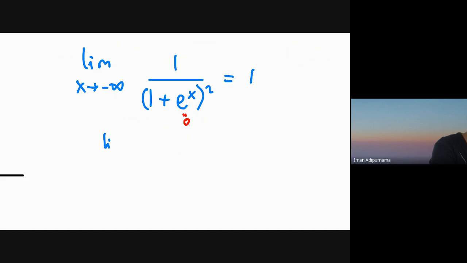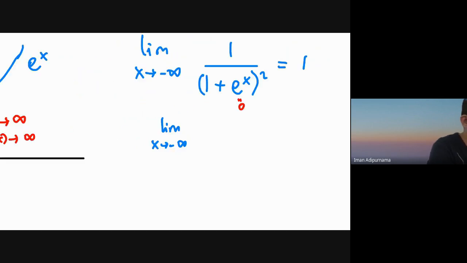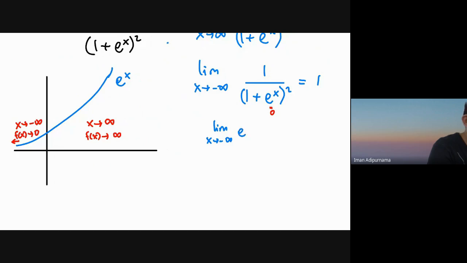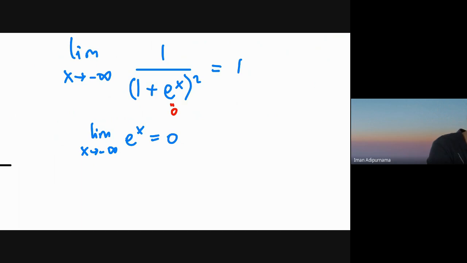So the limit as x goes to negative infinity, for the e to the x, is going to be 0. Or you can think of this as actually this, right?